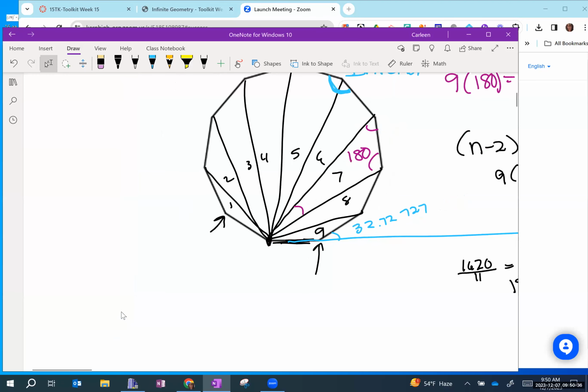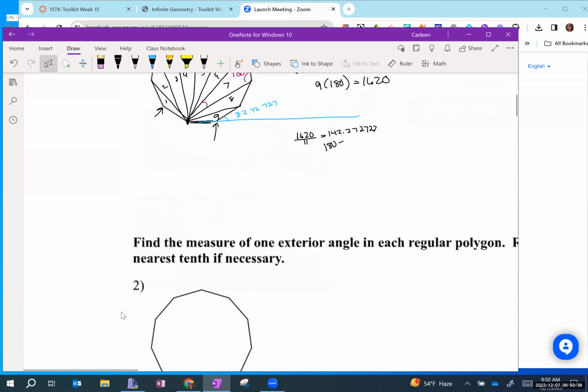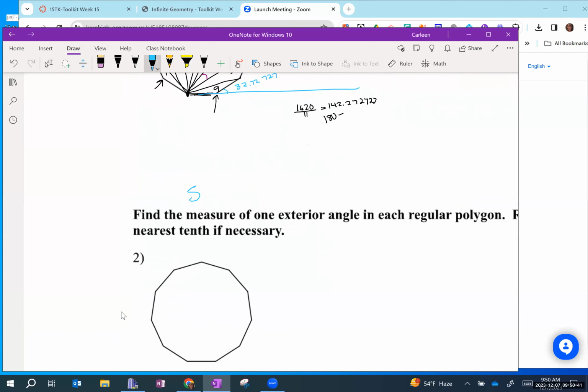But do you guys believe me when I say the sum of the exterior angles equals 360 always, no matter how many sides?